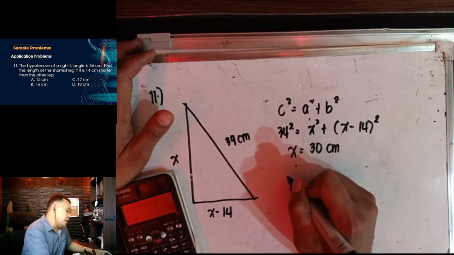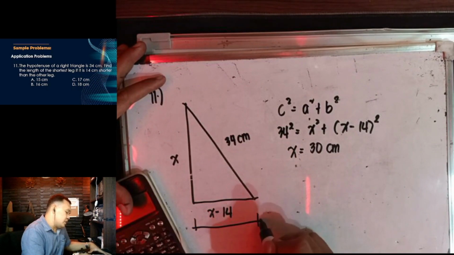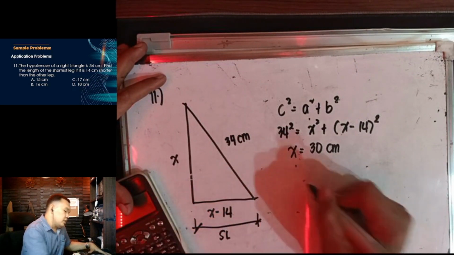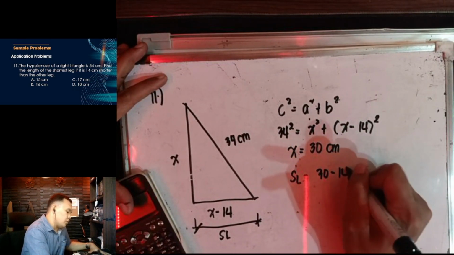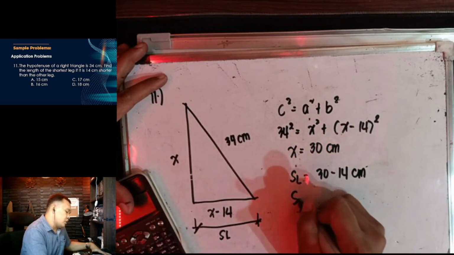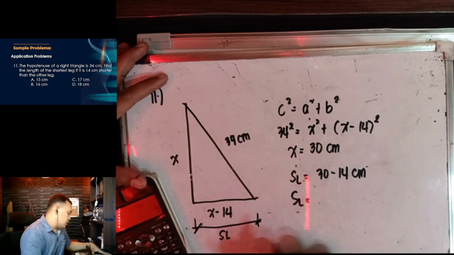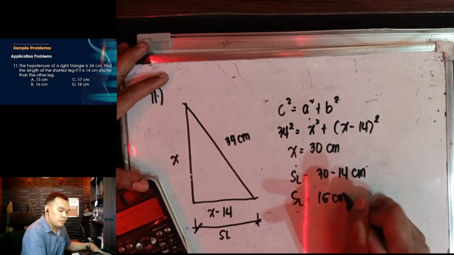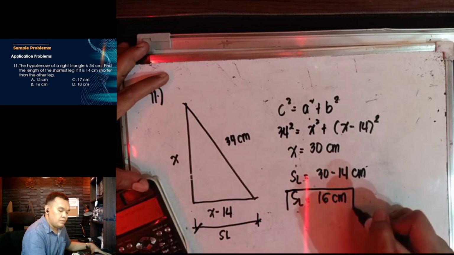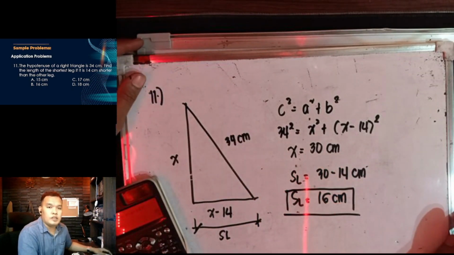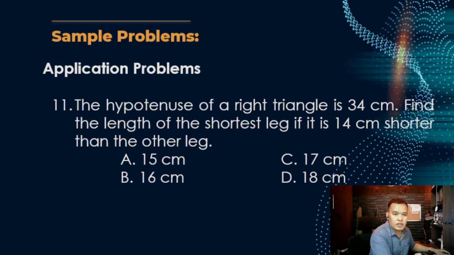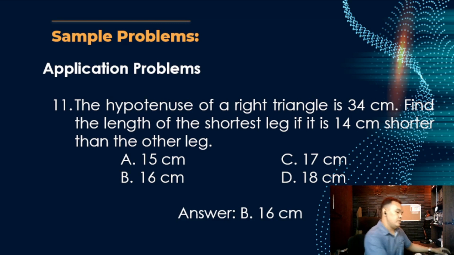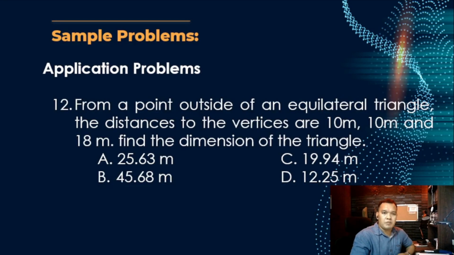Okay, so we have here the value of this shorter leg, SL, is equivalent to 30 minus 14 centimeters. Therefore, shorter leg is equivalent to 16 centimeters. Okay? So, the answer para dun sa ating problem is equivalent to letter B.